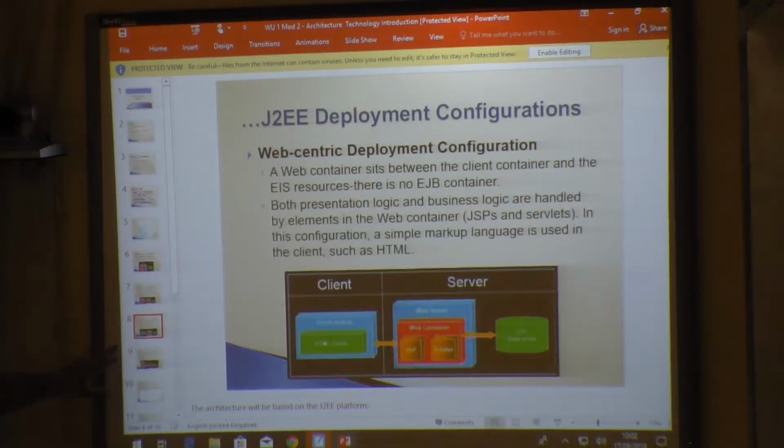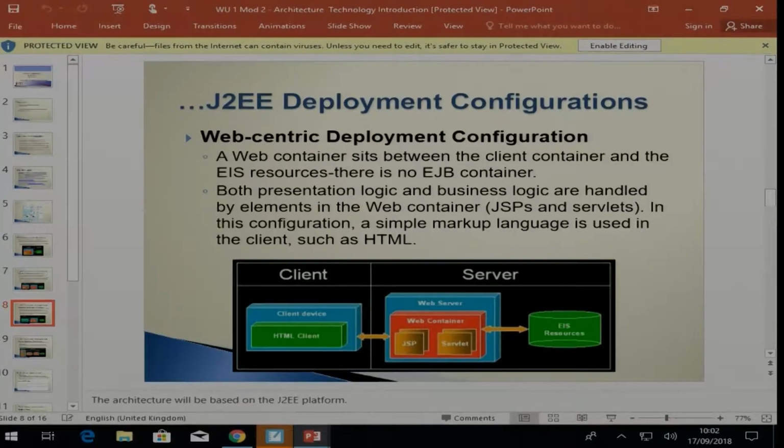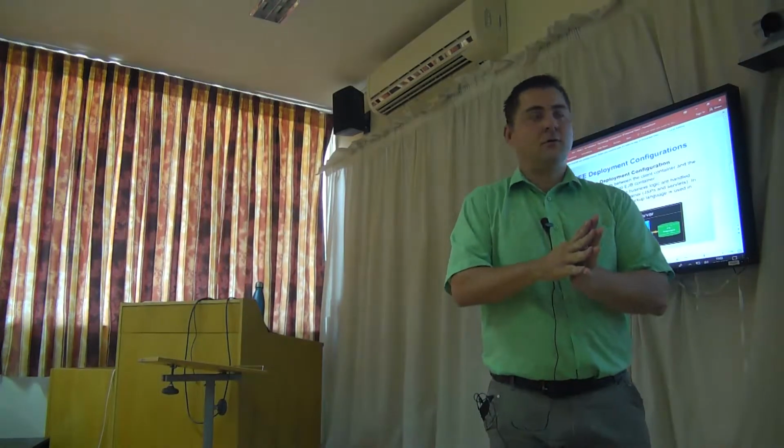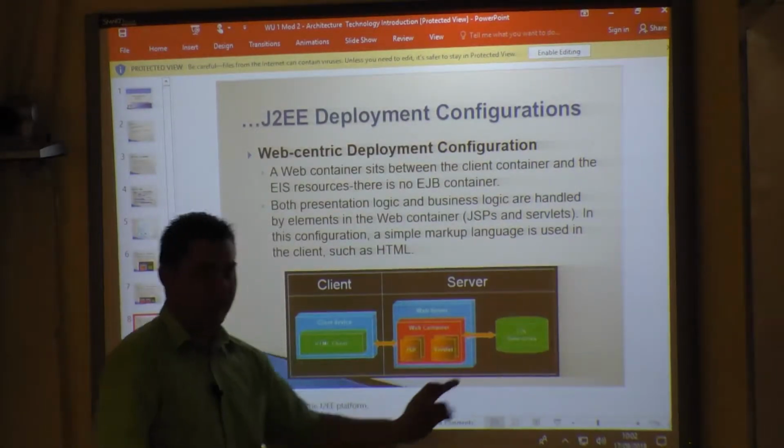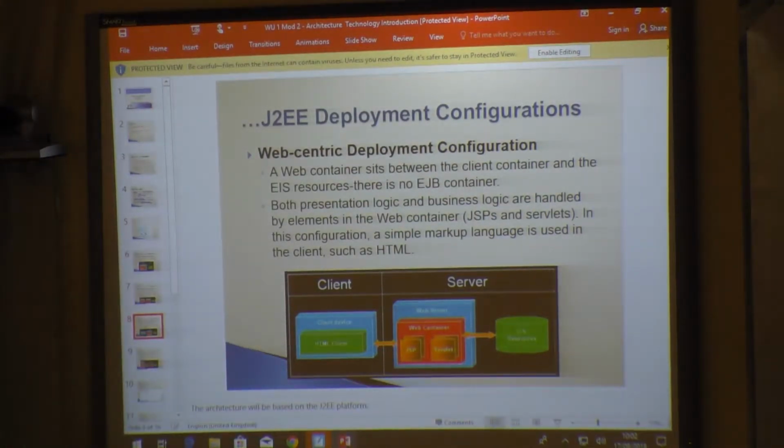Okay. Then there's a mention of introducing this to a web environment where we have a web-centric deployment, where you have your client, he connects to a web server. The web server hosts some JSP or servlets and HTML to give you a page. Okay, and that still is allowing us to connect to our data resource.